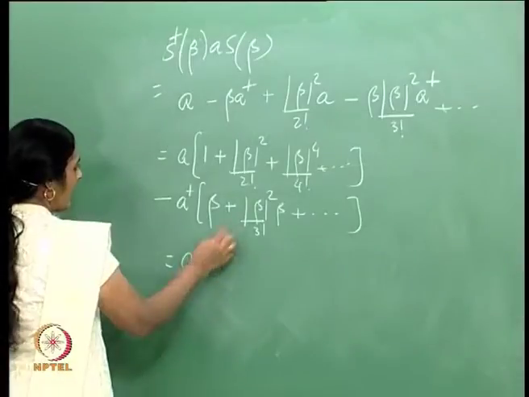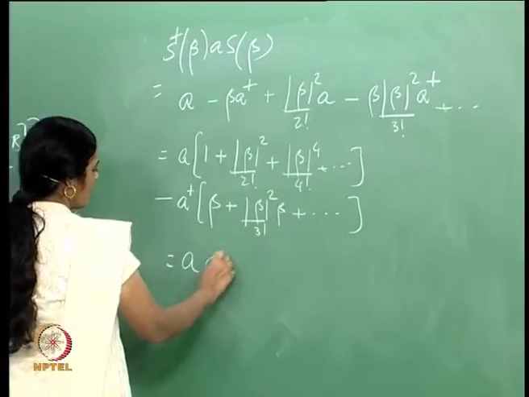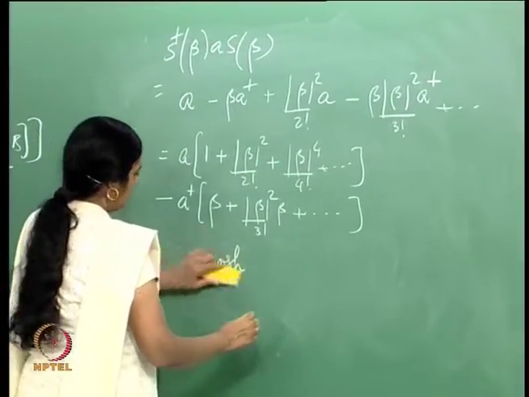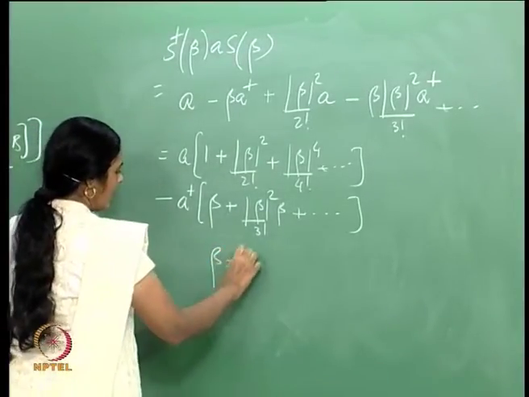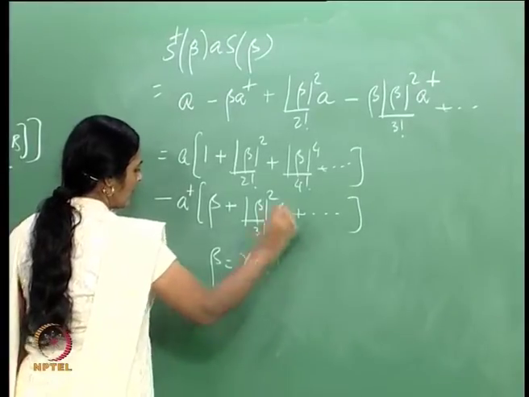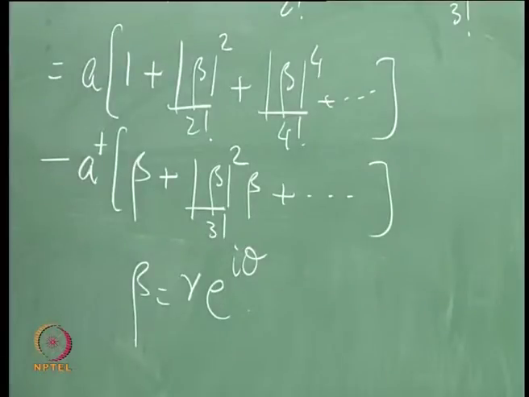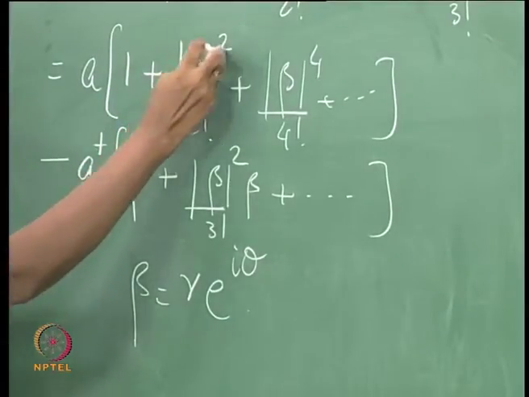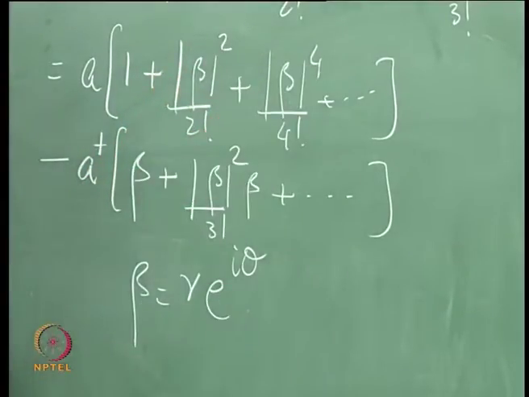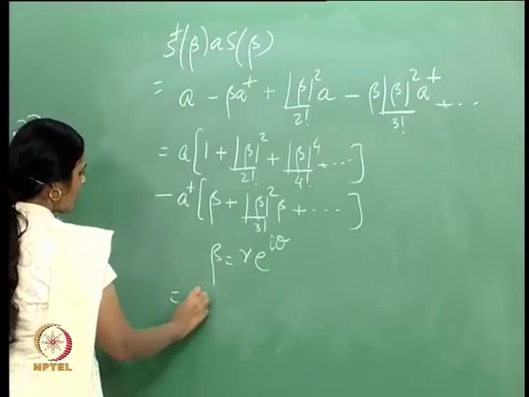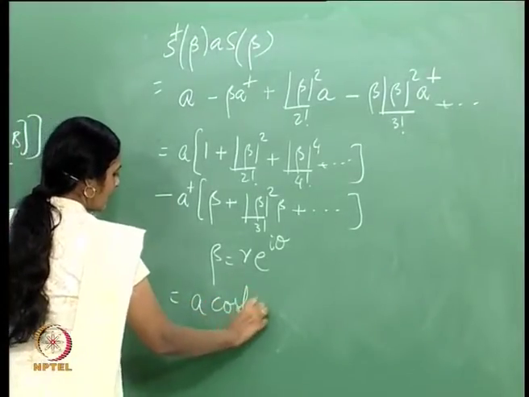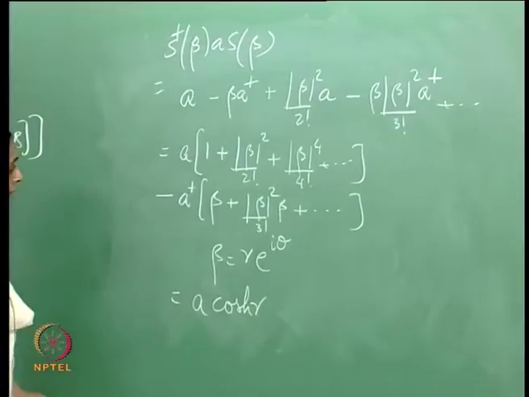That is the same as A, and this is... let me define beta in the polar form as r e to the i theta. So, in the mod squared I just have an r squared and an r to the power of 4 and so on. So, this quantity is A cos h r.